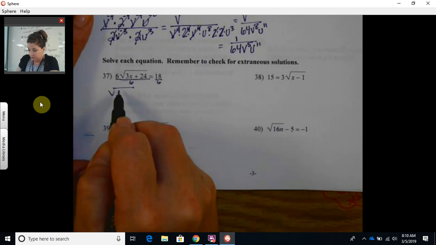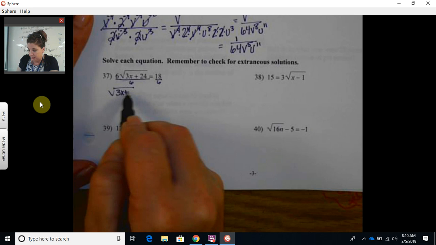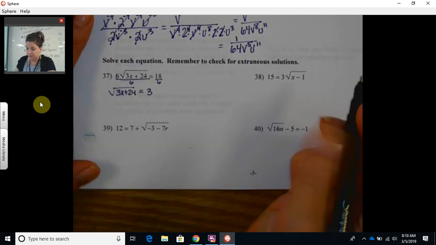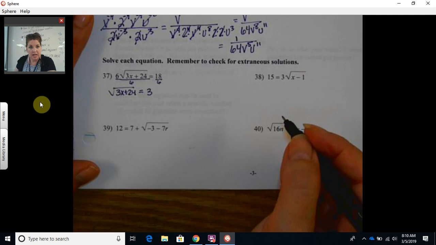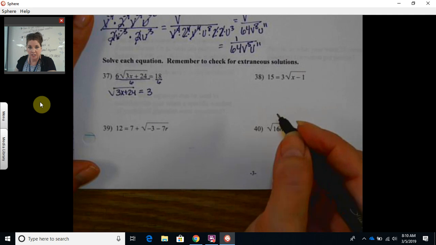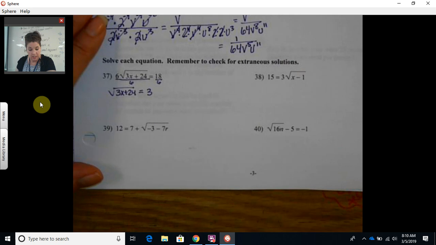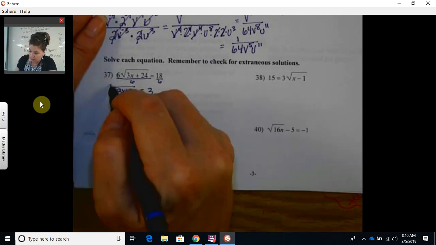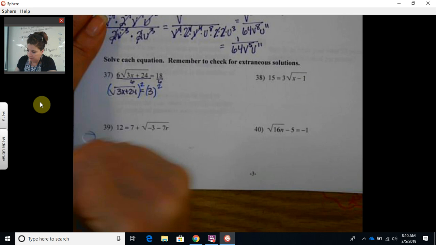So I have the square root of 3x plus 24 equals 3. Now, I want to get to the x, but it's under a radical. So what is the inverse of square rooting something? Squaring. And if I do it to one side, I have to do it to the other.